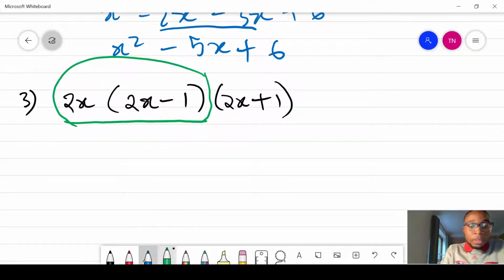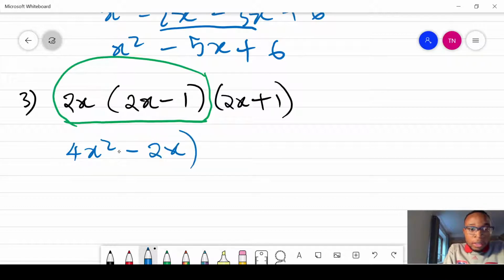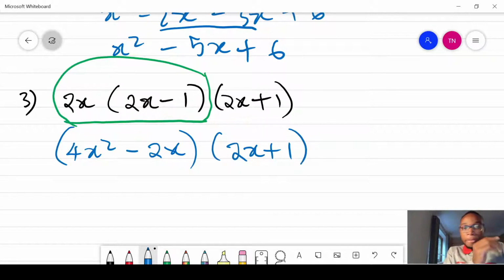So now, on dealing with the first two, 2x multiplying 2x is going to give you 4x squared. Then 2x multiplying negative 1 becomes minus 2x. All of these things is just one part. You keep it in the bracket. Then you have 2x plus 1. Then you do the very same thing that you've been doing.